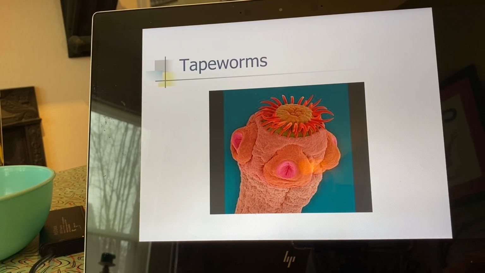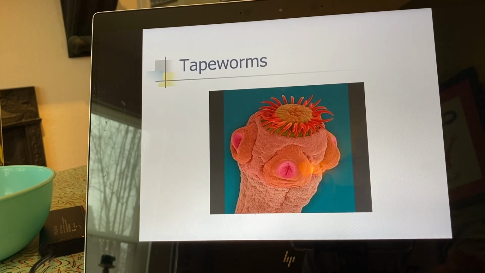The other thing is the reason, so I'll get to this first. The reason these organisms are so successful is because they are flat. And what they do is they lay flat against the surface of your intestine, and then they can absorb nutrients directly into their cells.